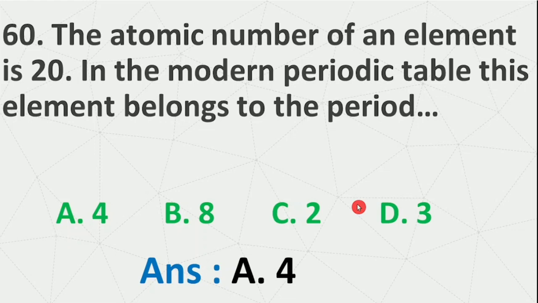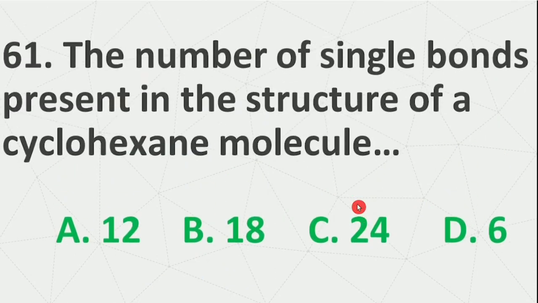Question number 61. The number of single bonds present in the structure of a cyclohexane molecule. How do we find out? First we should write the structure of cyclohexane. Cyclohexane means 6 carbon atoms will be there, and each carbon has 4 bonds.